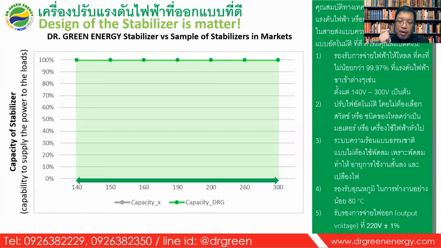Because with plus or minus 1%, it will be suitable for medical applications, sound system applications, laboratory applications, or other applications if you would like to use a very precise output voltage value. So we found our customers using it in all cases across Thailand and also neighboring countries.